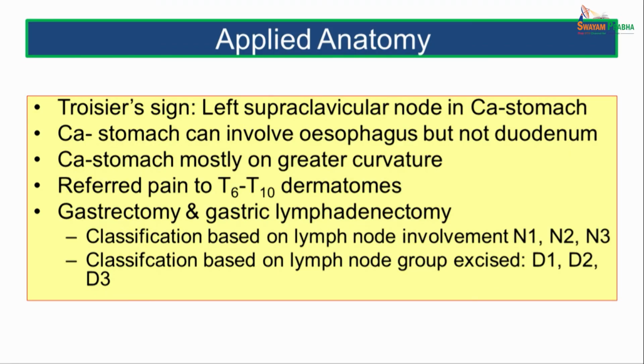In the D2 variety, a total gastrectomy is done along with all the lymph node groups which drain the stomach along with the spleen. Whereas in the D3 type, the total gastrectomy is done along with a radical lymphatic excision of all the upper abdominal lymph nodes. So, 3 varieties of gastrectomy and gastric lymphadenectomies, D1, D2 and D3, based on the tumor growth and lymphatic infiltration.